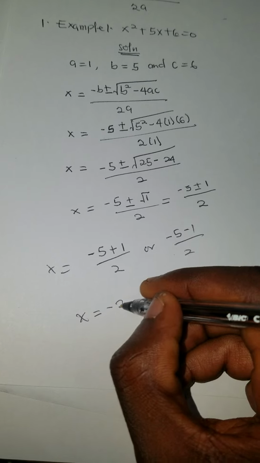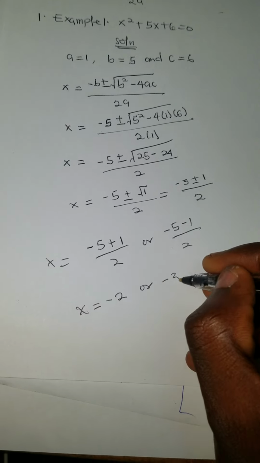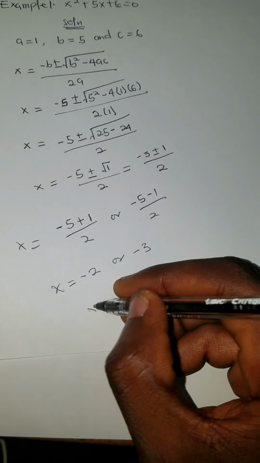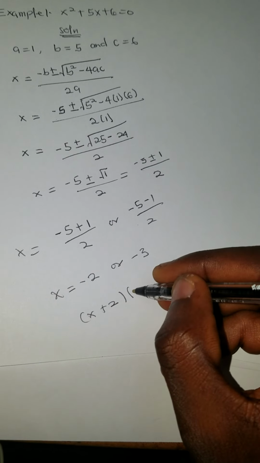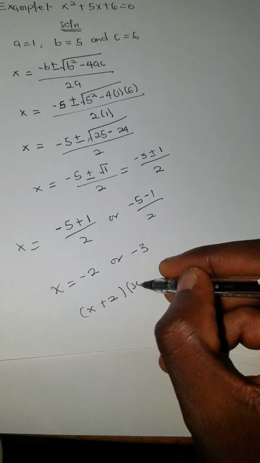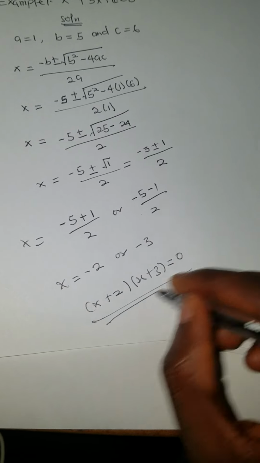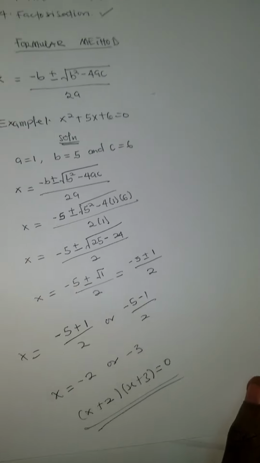Minus 2 or minus 3. So it means that (x plus 2)(x plus 3) is equal to 0 is the answer for our solution.